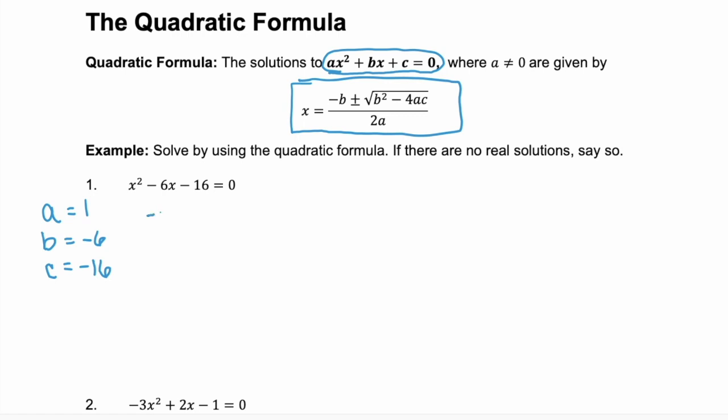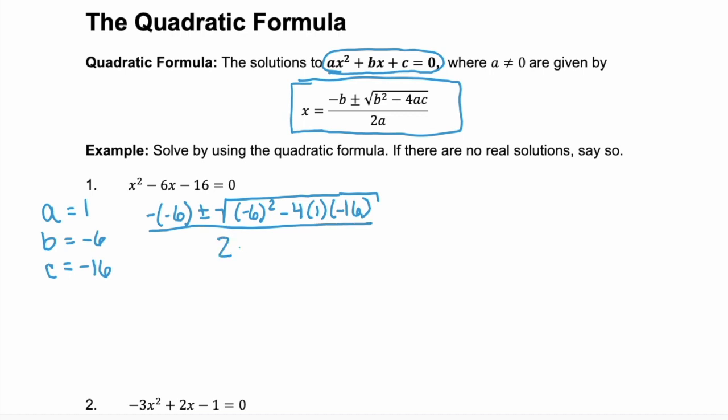So negative b, or negative 6, plus or minus the square root of b squared, negative 6 squared, minus 4 times a times c, all over 2 times a.